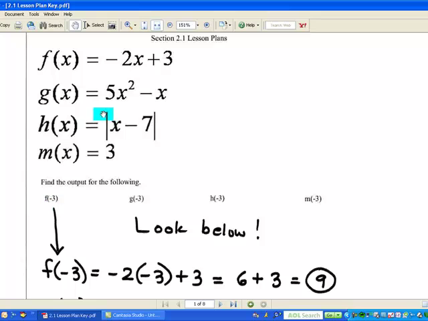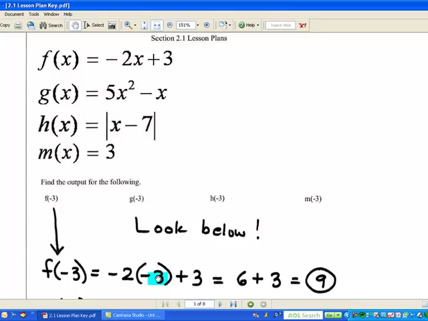So what it tells me to do is to look up at the function f. F of x is defined as the opposite of 2x plus 3. That x just stands for input. Well, what we're feeding this function is the number negative 3.